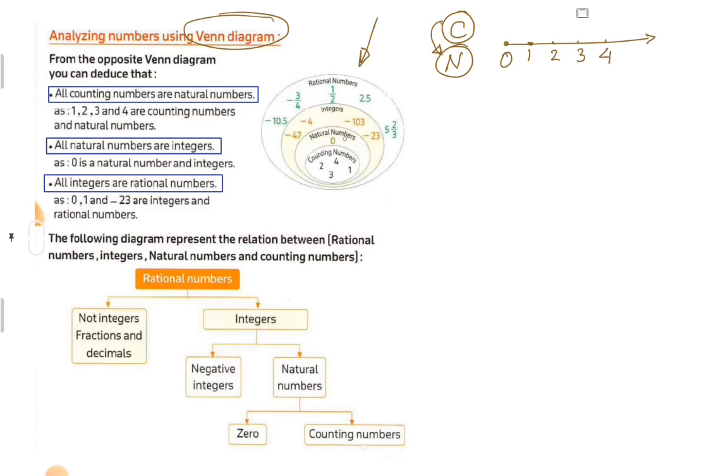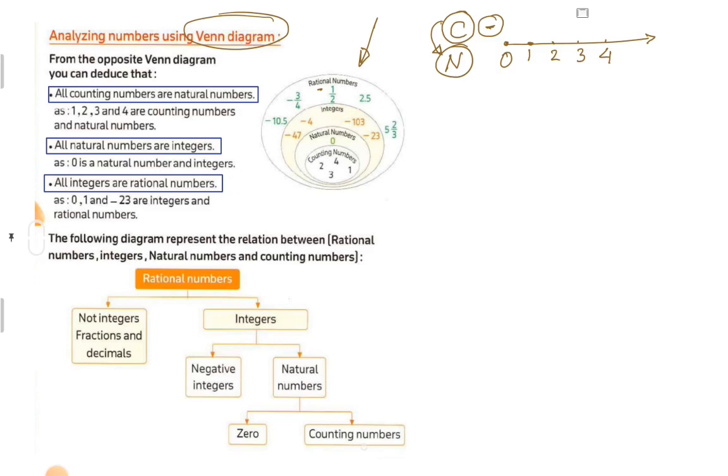Okay, natural numbers, if I add to them negative numbers like -47, -4, -103, we get integers. Also, if I add to integers the fractions and decimals, we get rational numbers.